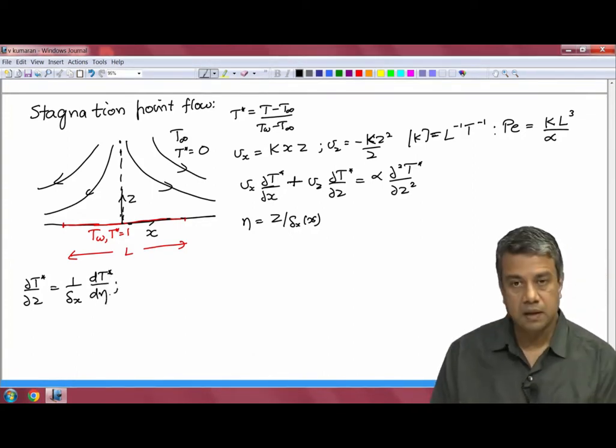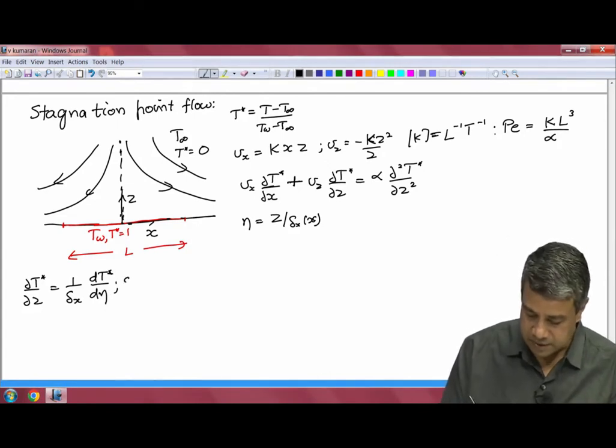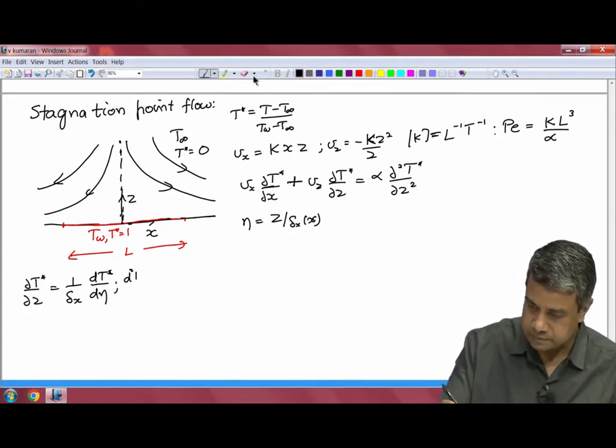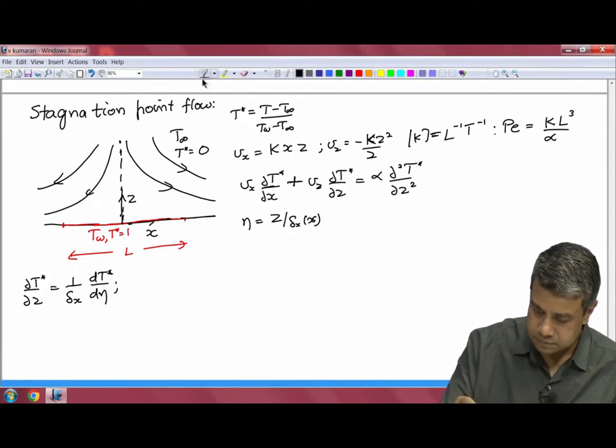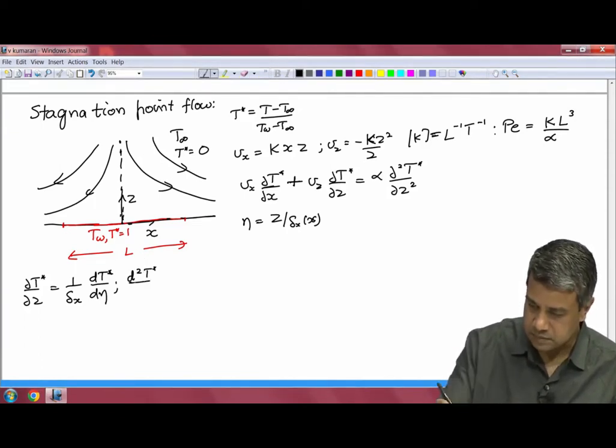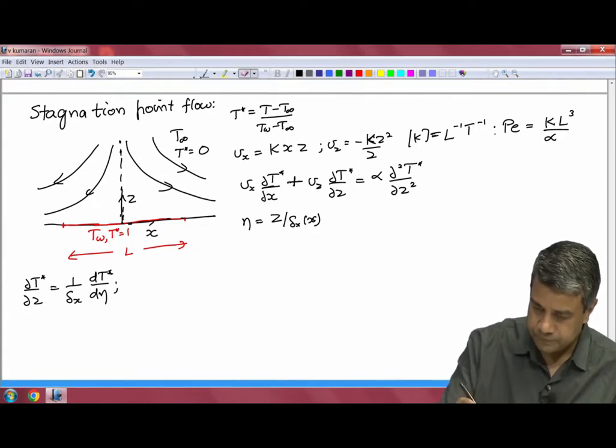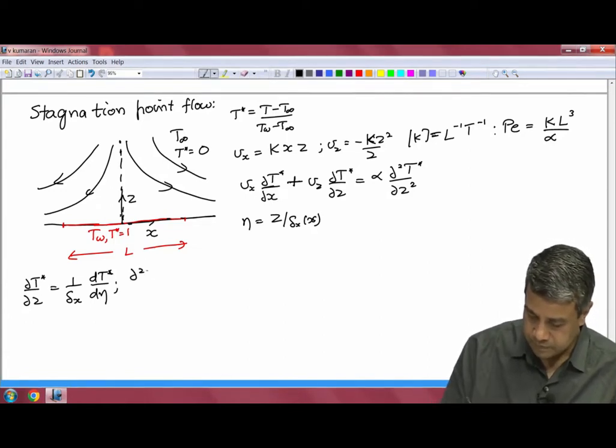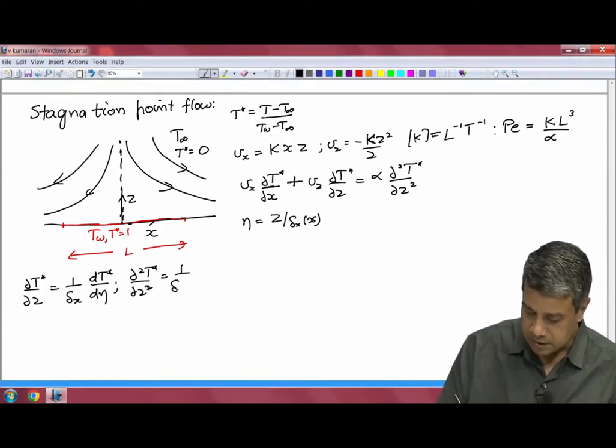The second derivative with respect to z was 1 by delta square d square T star by d eta square.